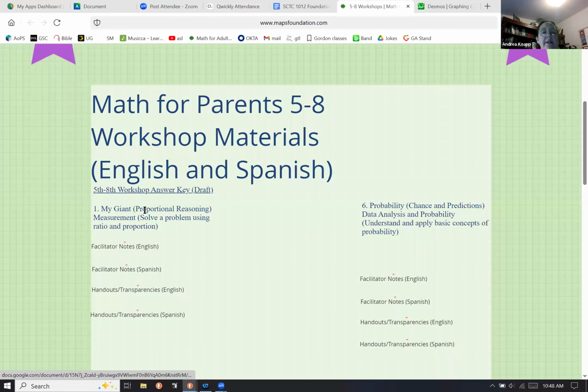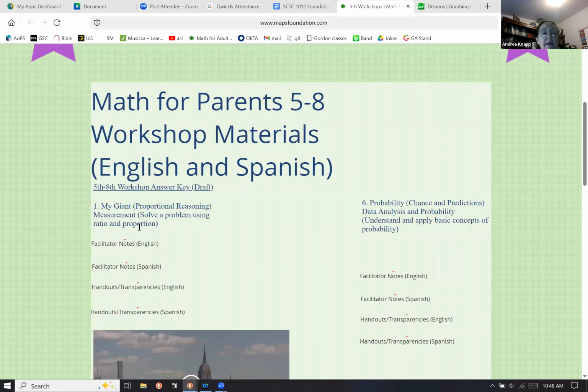So here's the My Giant activity. There's the facilitator notes, but we'll just go straight to the handouts. And it said page 4 through 6 to begin with.